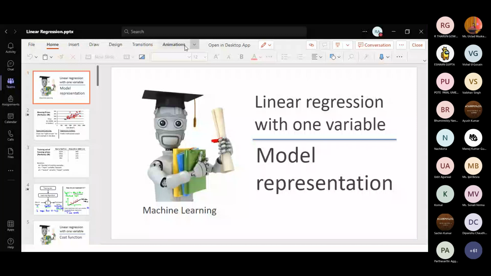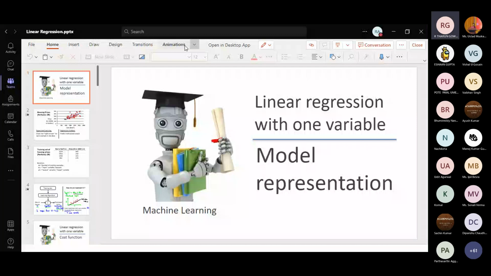Where X is your size, that is the feature, in feet squared, and Y is your target variable, that is the price, right? Since this is a data set with only one variable, that is size, we can say that the equation of the line, that is y equals mx plus c, can fit over this data.